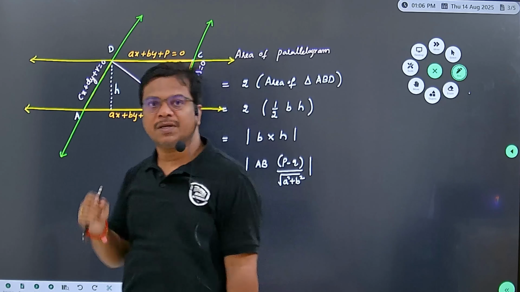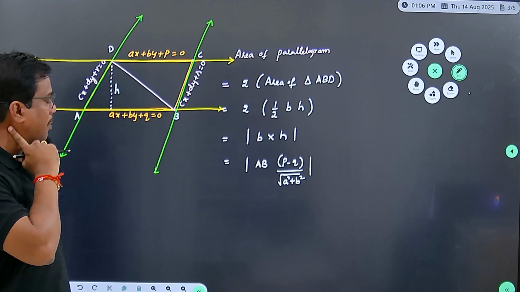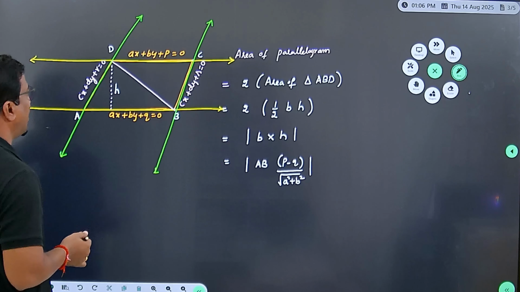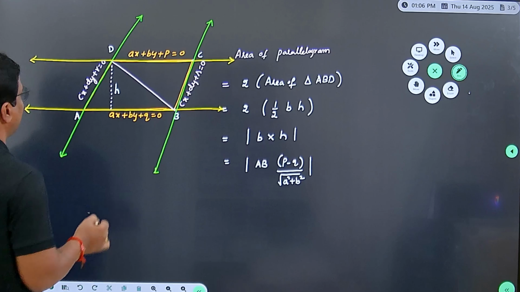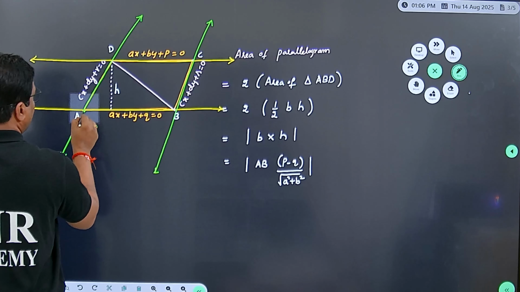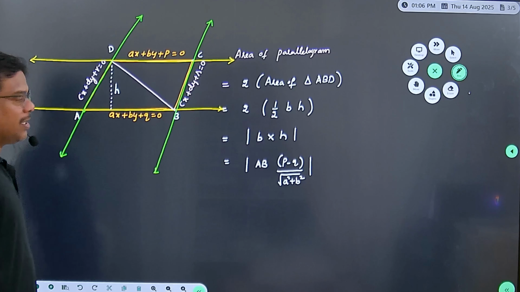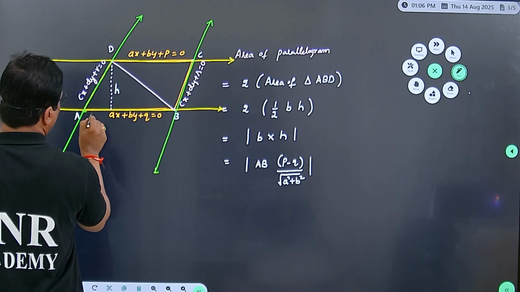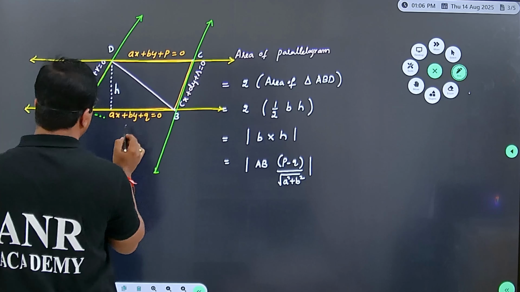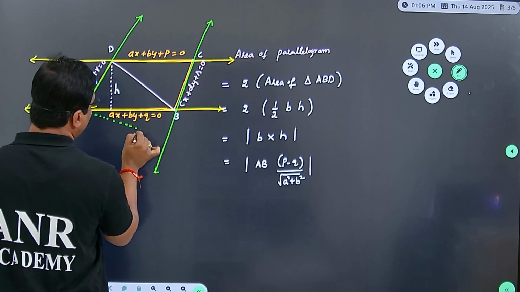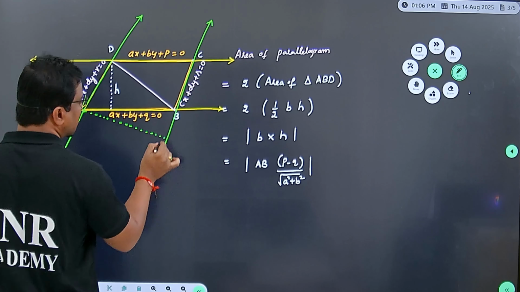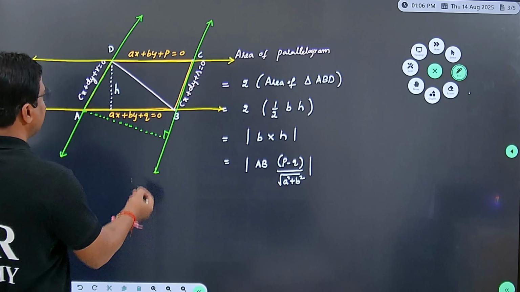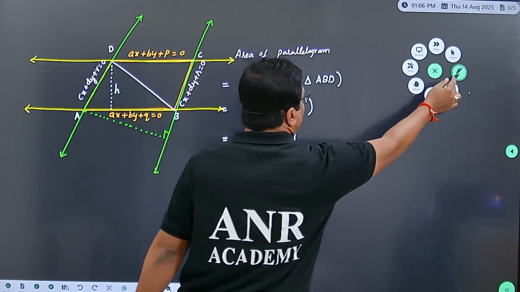Now to find the length of AB, I am going to drop a perpendicular from the vertex A to the opposite side. This is the perpendicular, and there is a triangle.